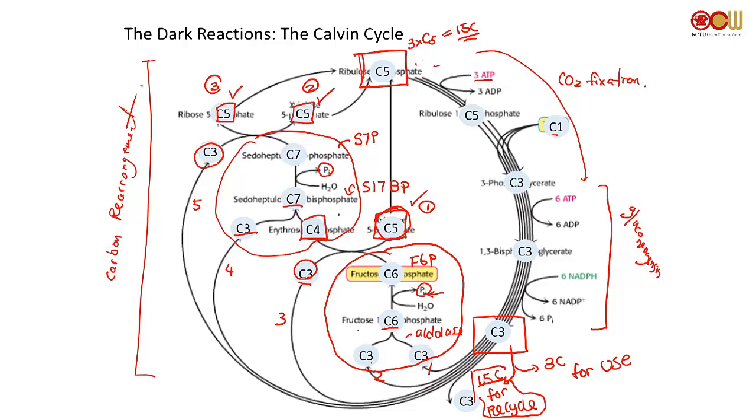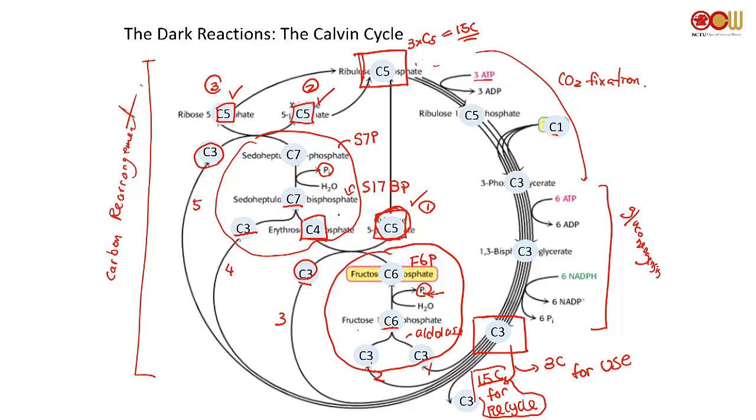Just as long as you remember the reactants for the Calvin cycle: you have to have C5. A C5 plus CO2 gives you 2 C3. But in order to regenerate the C5, the C3 has to somehow become C5 again, so you have this messy carbon rearrangement phase.